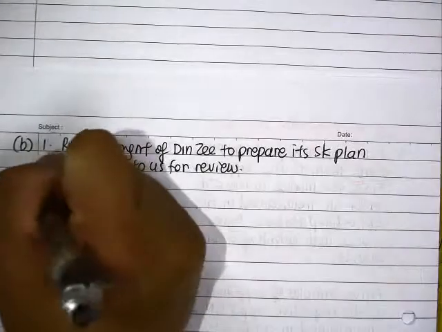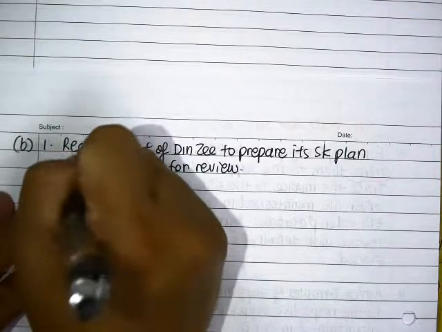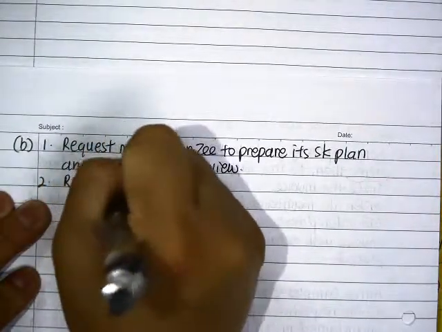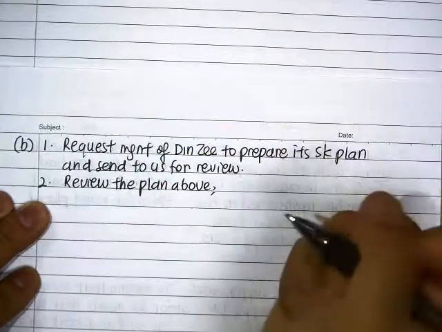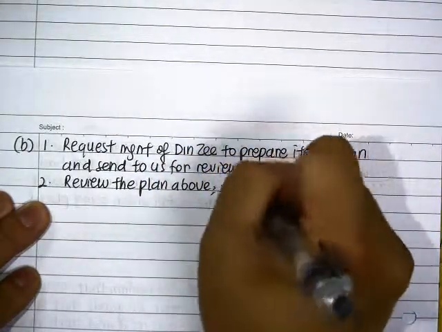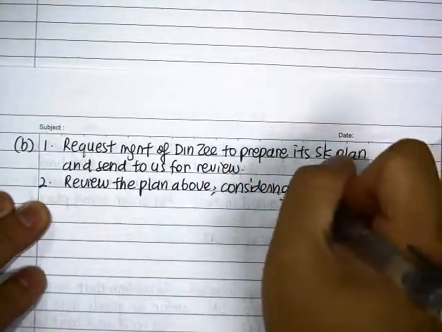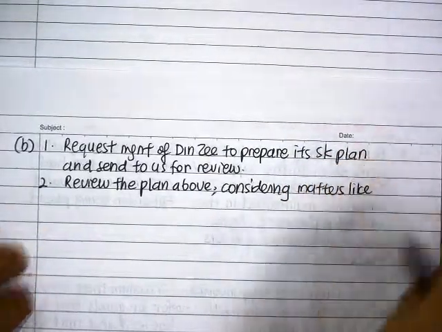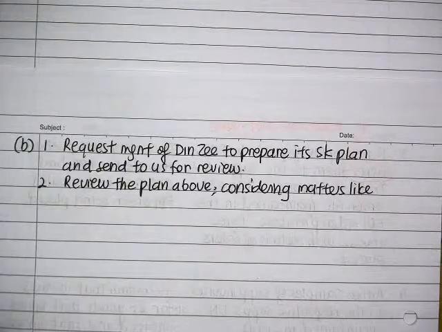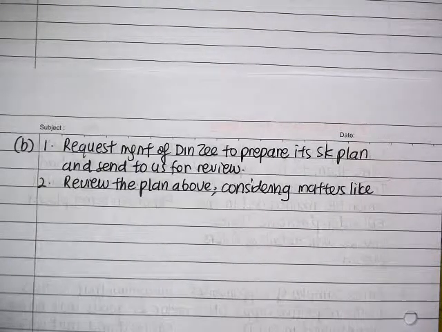Okay, number 2. Review the plan above, considering matters like, now give some example. Now what are those things you must take into account?